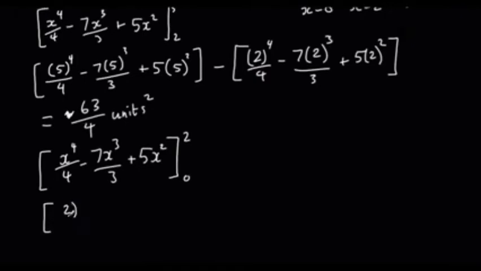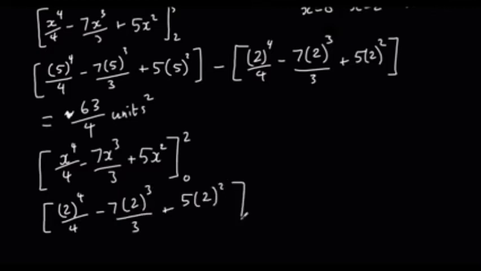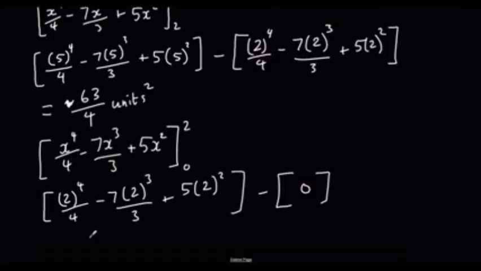So I haven't written out it's substituted in, so I will do that. So we've got 2 to the power of 4 over 4 minus 7 times 2 cubed over 3 plus 5 times 2 squared, minus 0. And then that should give you 16 over 3 units squared.